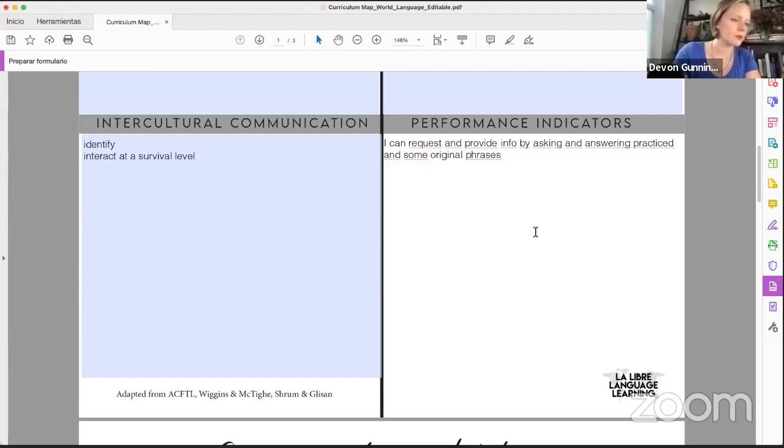That's where people really get tripped up. Questions on familiar and everyday topics. This is interpersonal novice high. All right, so this is where I want them to get.